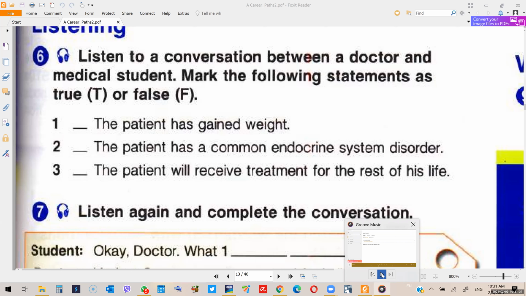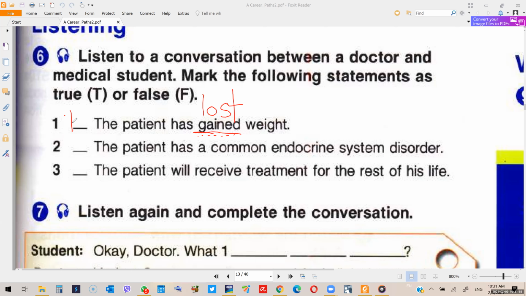Okay. So she said he has lost weight. Lost is the opposite of gained. So lost means this is false. Then number 2. The patient has a common endocrine system disorder.